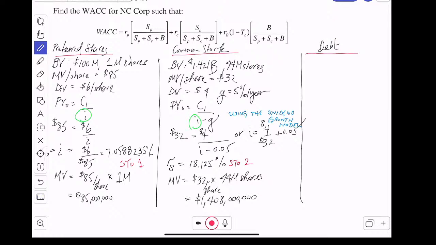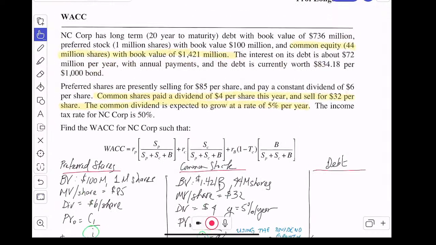So let's look at the debt now, the last piece. So book value. Let's clean up and highlight the important information.